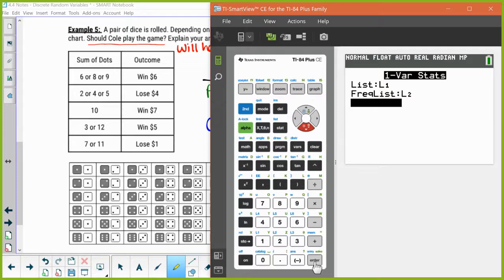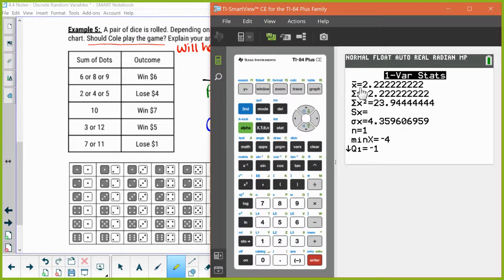Again, if you don't have data in your table, it's going to give you an error. But if you have your data values typed in, you hit calculate, and then I get my expected value is 2.2222. Well, again, both of these will be the same. My standard deviation is 4.3596. So this saves you a lot of time and not having to use the formula by hand.